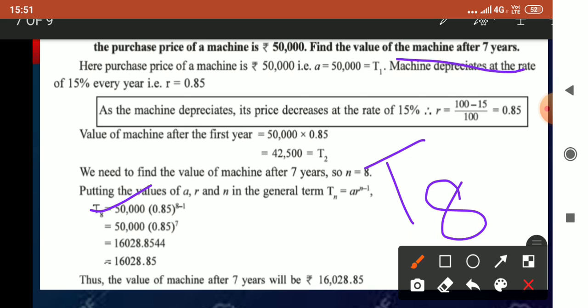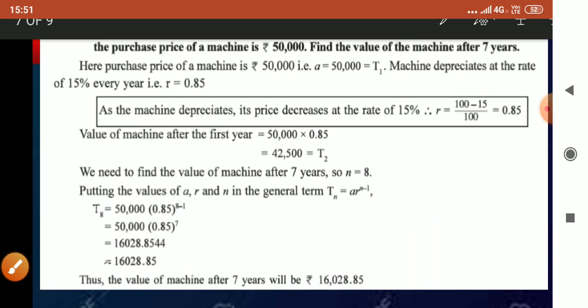So we put in the formula: A is 50,000, R is 0.85 raised to n minus 1, which is 8 minus 1. By multiplying this, we get approximately 16,028.85. We write the decimal because money has decimal value. So in this way you have to solve the sum.